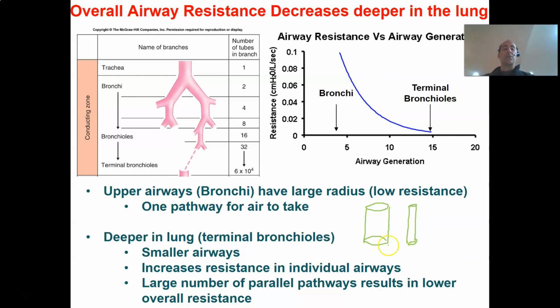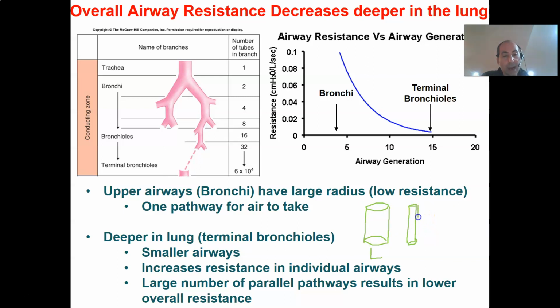The question is, which one of these two has a lower resistance to airflow? And if you guessed this one, you would be correct, right? Same length, bigger radius, bigger diameter, lower resistance.